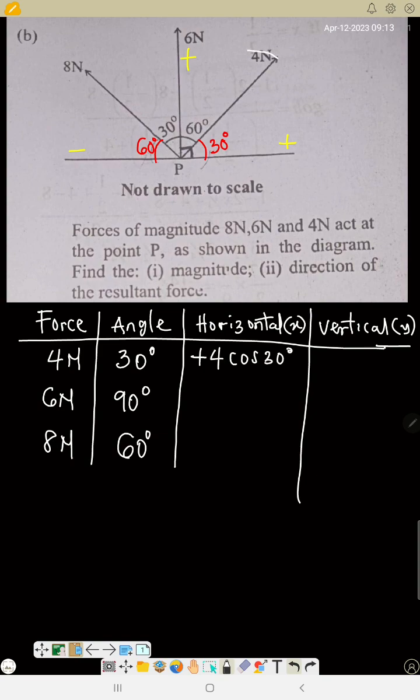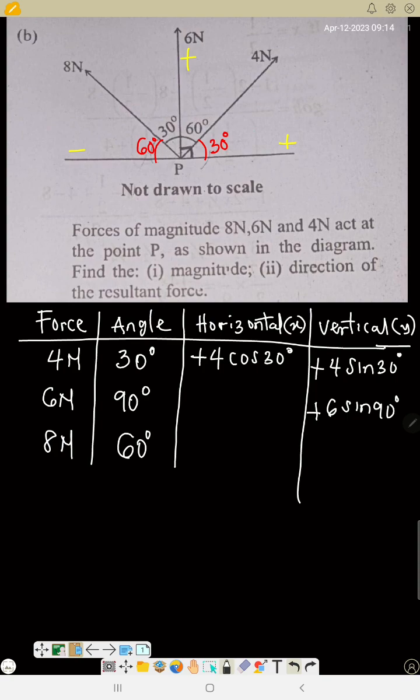Drag it to the vertical, that is also plus. So that is plus 4 sine 30 degree. For 6 Newton, it is in the vertical already and the sign is plus. So that will be plus for vertical, 6 sine 90.